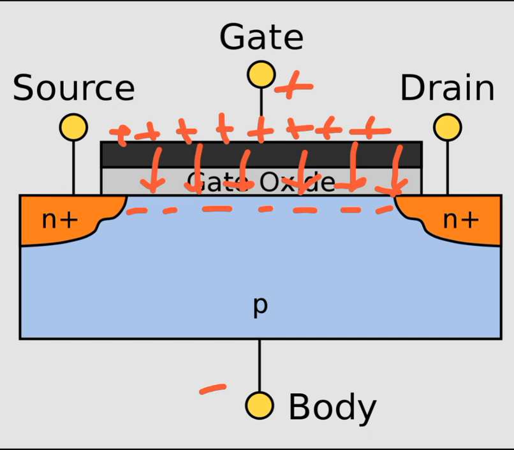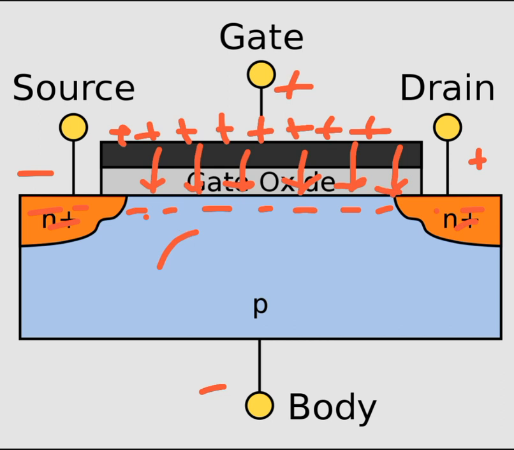Now if you apply the positive to the drain pin of the transistor and the source is tied to the ground or the negative, so remember the p-type body and the source are at the same potential, which is negative potential. So what you see here, the n-type semiconductor right here, n plus regions at both the ends, that is drain and the source, they are flooded with the electrons, and in the channel you have lot many electrons right here.